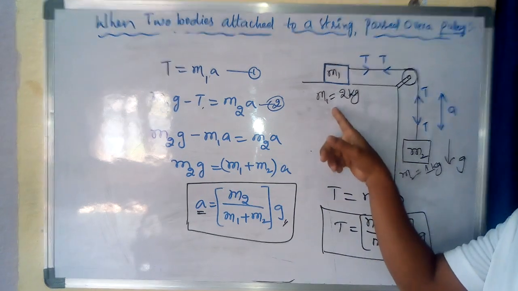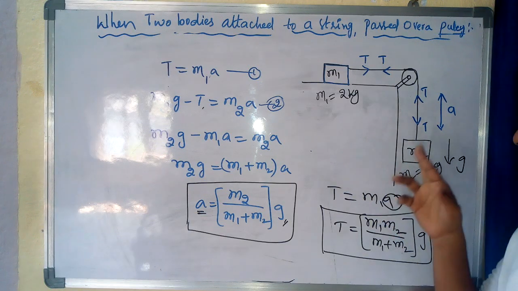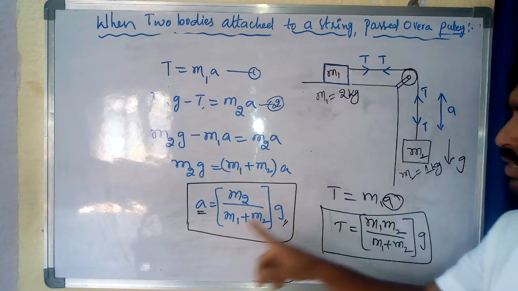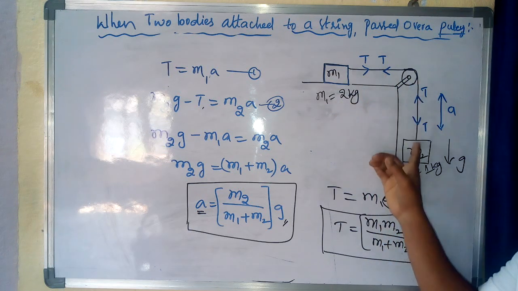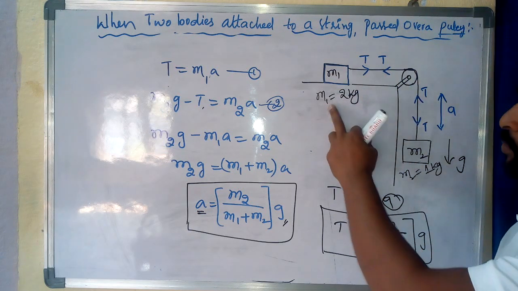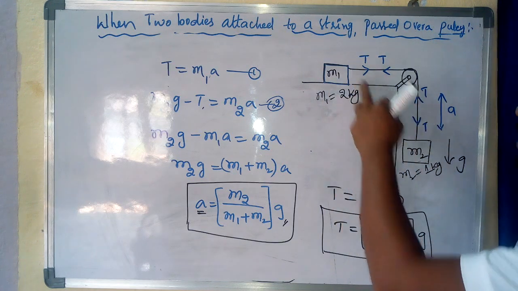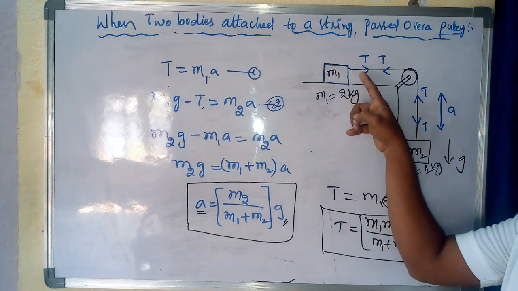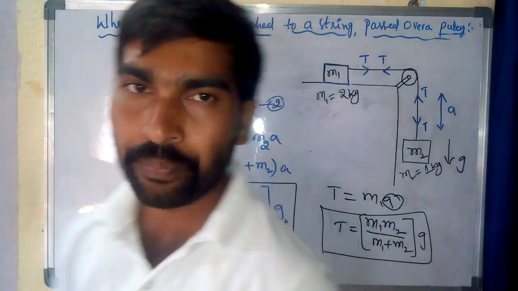What is the acceleration of the given bodies, connected to a string and passed over a pulley? What is the acceleration and what is the tensional force? We are finding that now. We already know the formula.